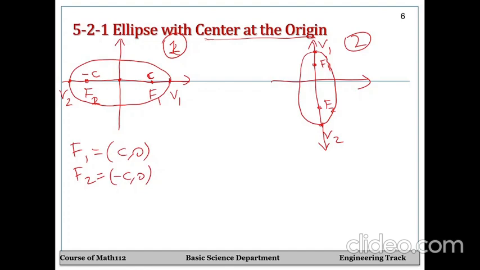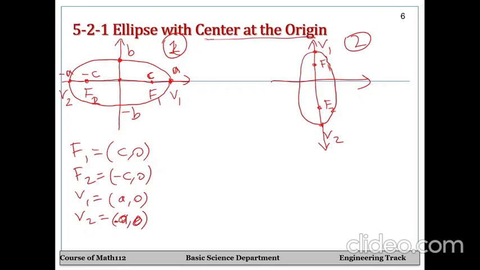And let's say this vertex is A, and the y-intercepts are B and minus B. So vertex 2 will be minus A. So I will say V1 is (A, 0) and V2 is (minus A, 0).